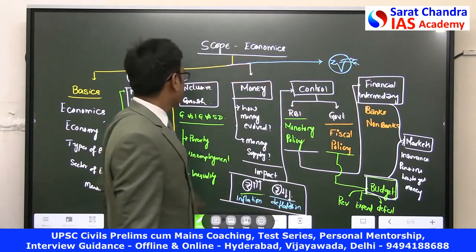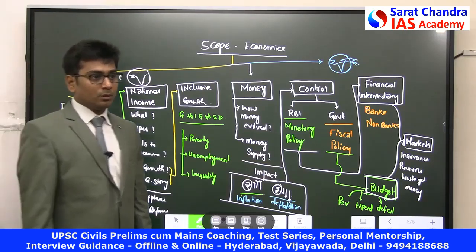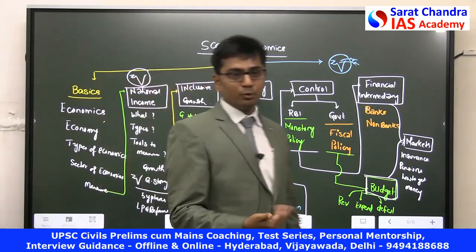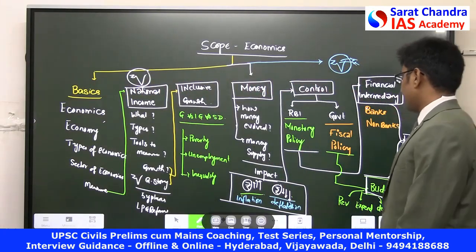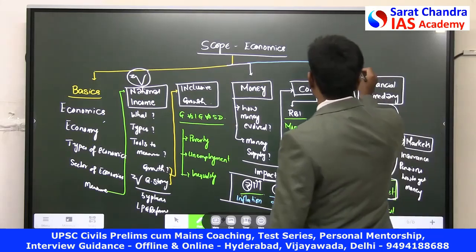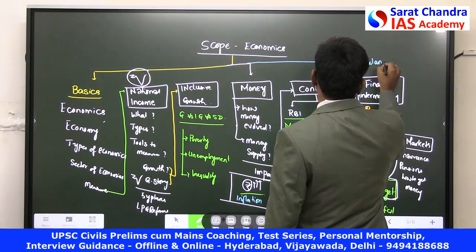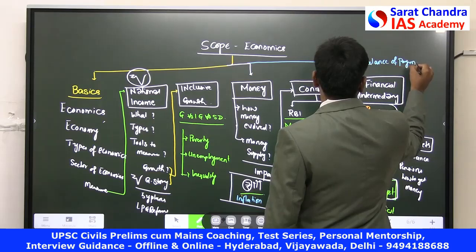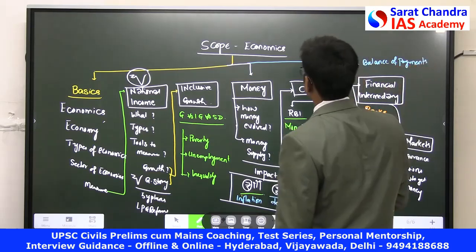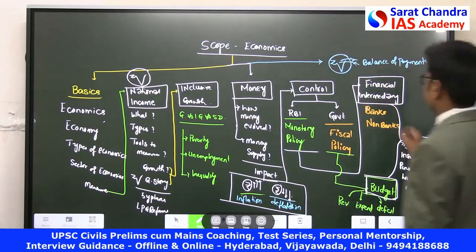Up to here, whatever you have studied is India, within India. Now you are dealing not only inside your country; you are importing something, you are exporting something, right? All these things we have to study here. This we will study under one topic known as the balance of payments. How the balance of payments is, whether it is in our favor or against us. So this is another topic, balance of payments.